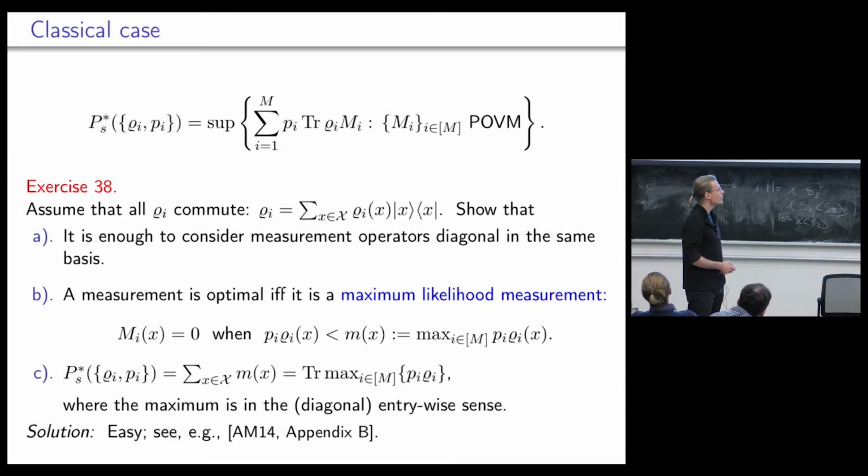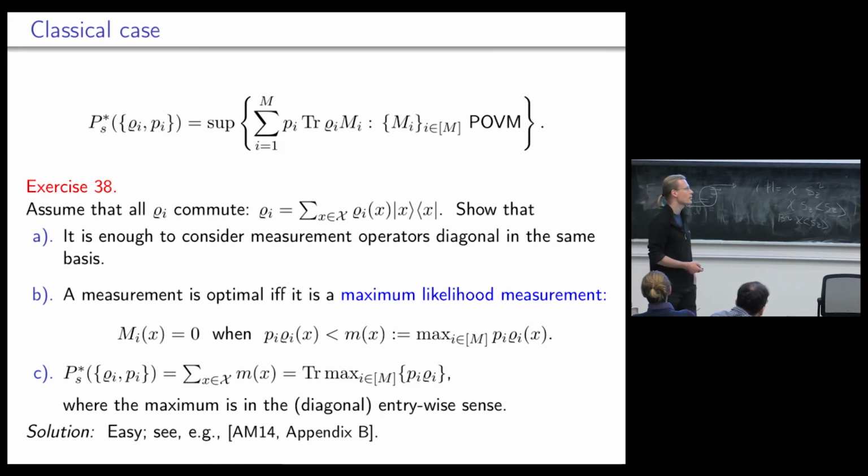And we say that the measurement is optimal if it's a so-called maximum likelihood measurement. Here's a formula for it. But basically it means that Bob looks at the side of the die that he has received, and his guess for the message is the probability distribution that gives the largest probability for this outcome.